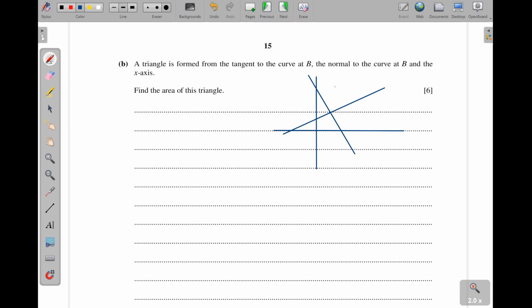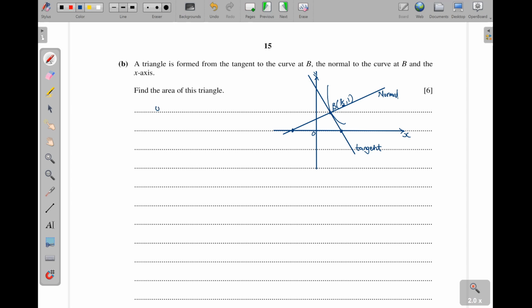So this is our curve. And we are having here point B, which is 3 over 2, and then 1. So this is the normal at B, and then this is the tangent at B. So this is the y-axis, this is the x-axis, this is 0. So we shall need this coordinate, we shall need this coordinate.